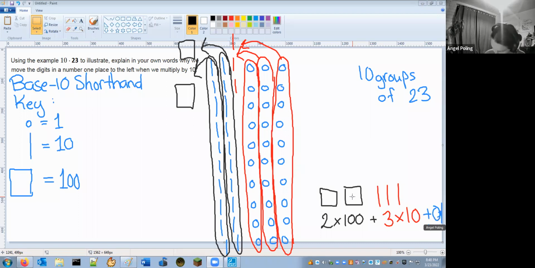So I kind of ran out of space over there, but no ones. So that's how we end up getting 230.